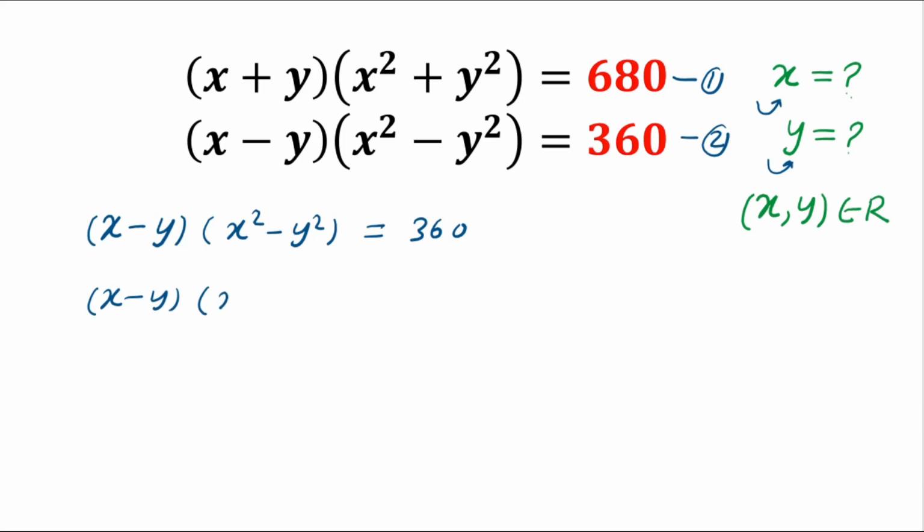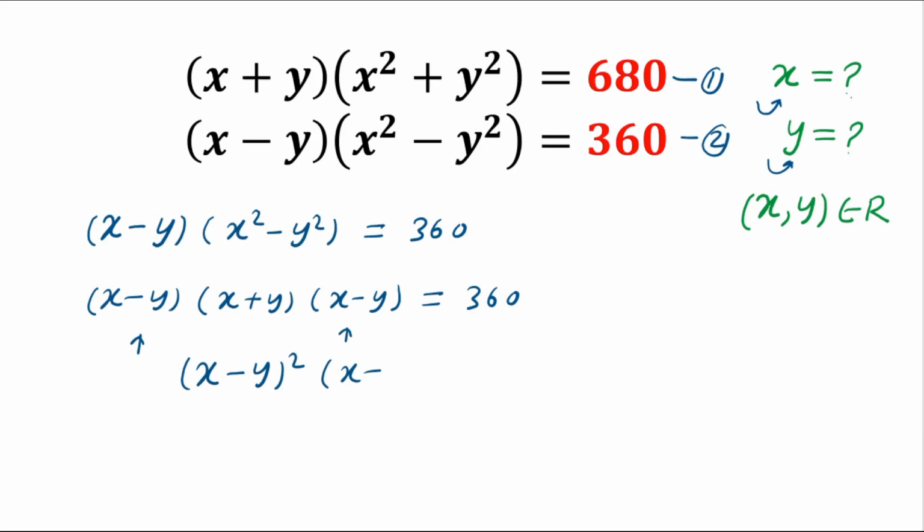x² − y² is (x + y) multiplied by (x − y), and this equals 360. (x − y) times (x − y) is (x − y) whole squared, multiplied by (x + y), and this equals 360. So the value of x + y equals 360 over (x − y) whole squared.